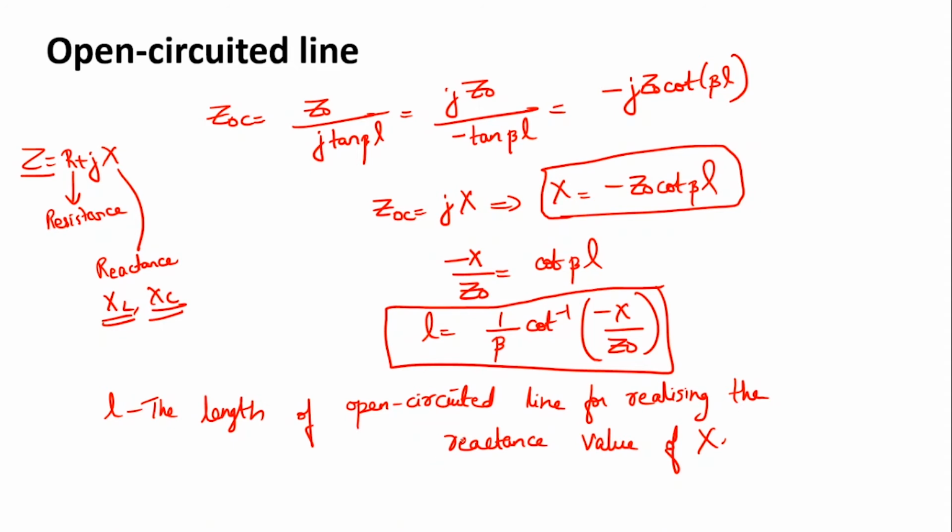So with these equations, we can obtain the required value of reactance by adjusting the length of the transmission line, and based on inductance and capacitor you can decide whether the line has to be short circuited or open circuited. So the topic we now covered is how to utilize transmission lines as circuit elements, inductor or capacitor.